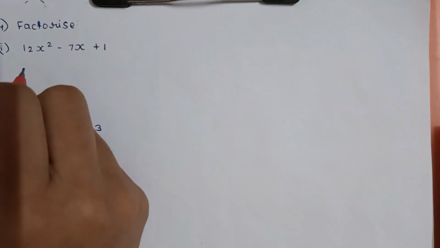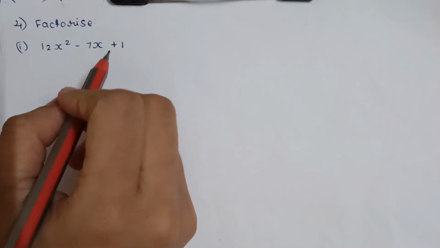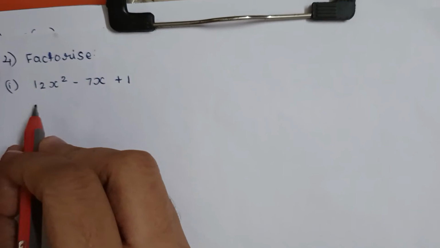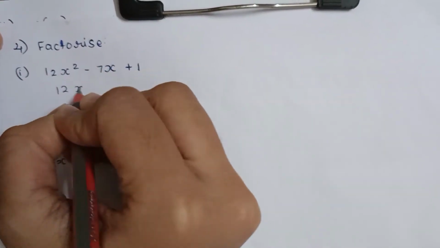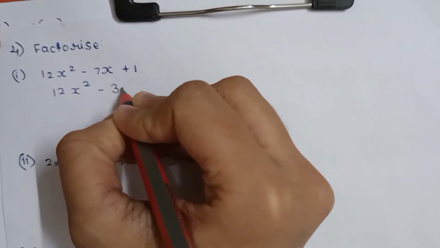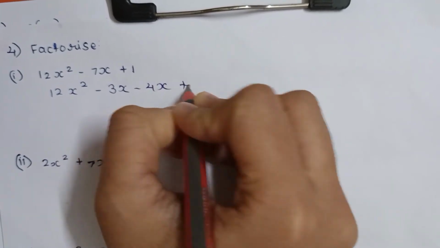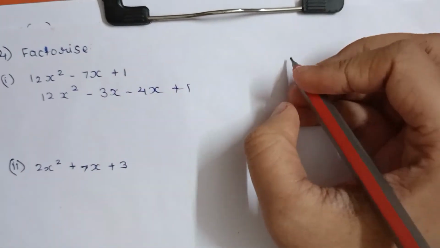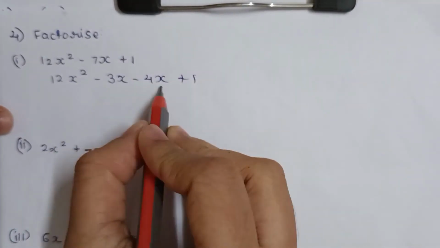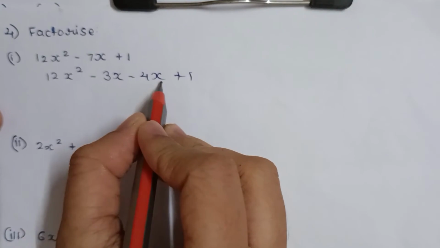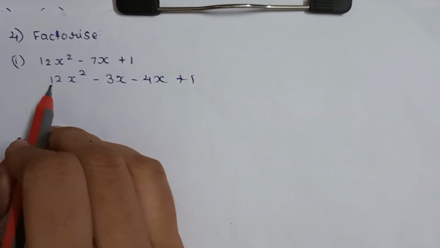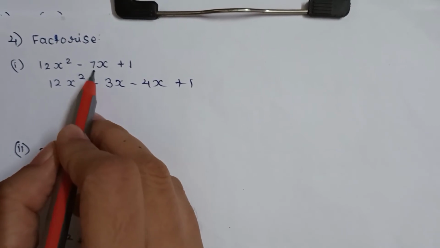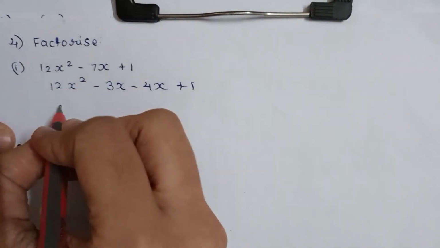Question 4. Factorize. First, 12x square minus 7x plus 1. Here we will solve this question by splitting the middle term: minus 3x minus 4x plus 1. Minus 3x minus 4x is minus 7x, such that the product of minus 3x and minus 4x is equal to 12x square, and the sum is minus 7x.